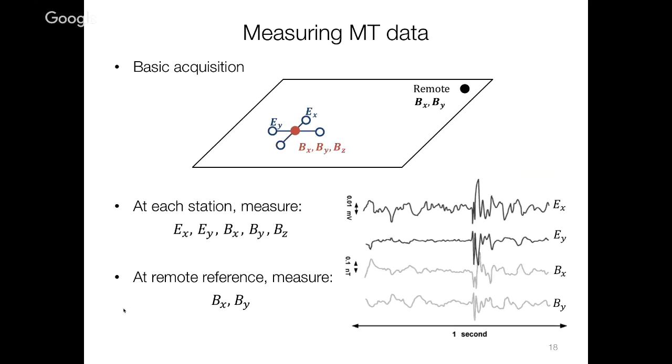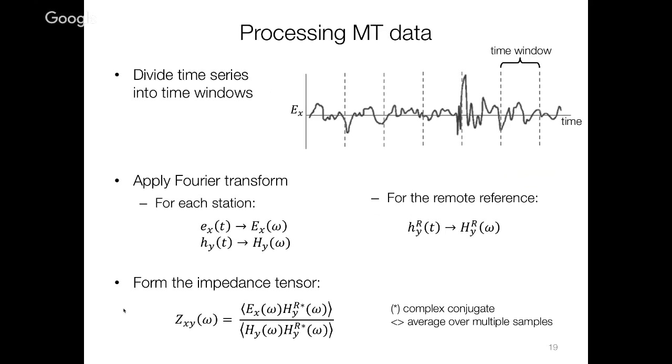And then you generally tend to measure something at a remote reference station, the horizontal components of the magnetic field. And then there's a set of processing that is required. You need to go from these time domain measurements to impedances, to have information as a function of frequency.